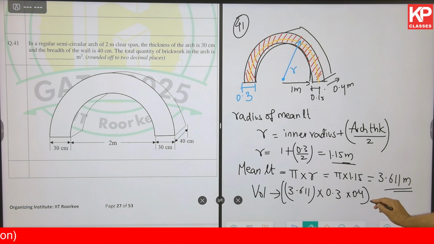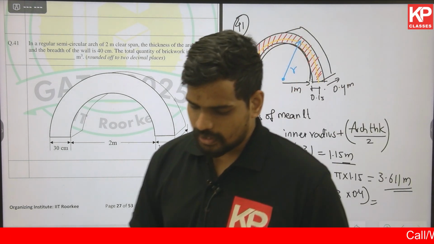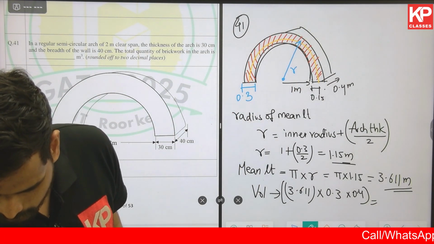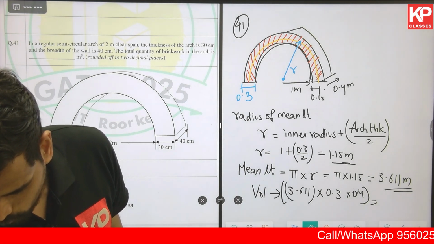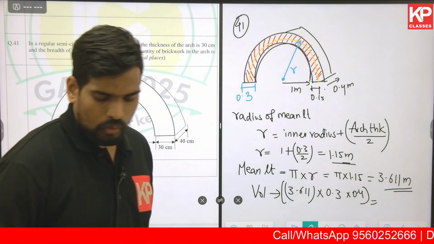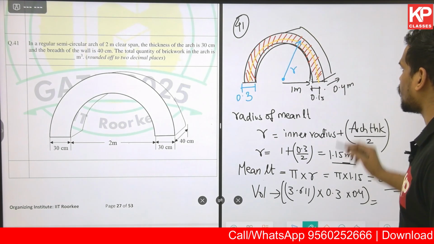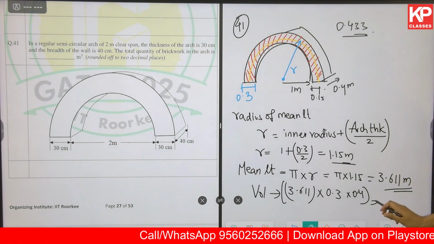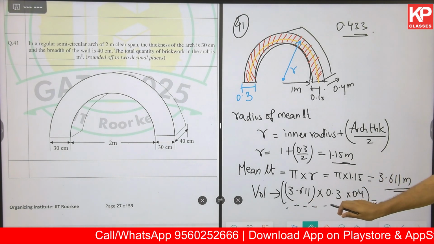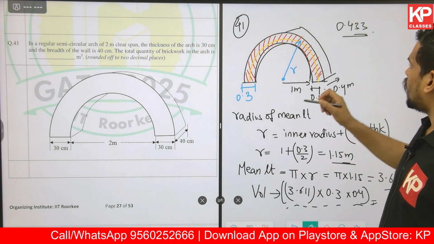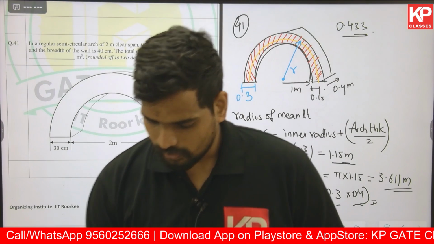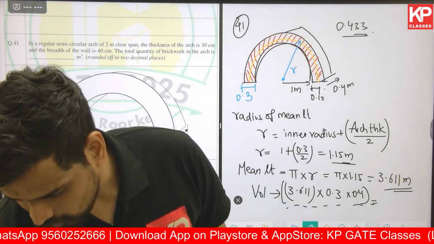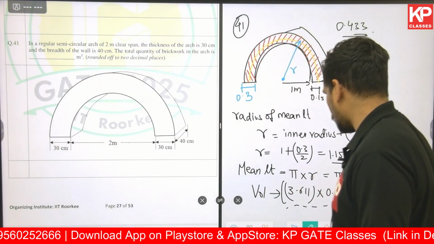So simplify this and you'll get the final answer. 3.611 multiplied by 0.3 multiplied by 0.4 is giving me 0.433. That would be the final answer. The official answer key's range, for this question number 41, is given as 0.41 to 0.45.